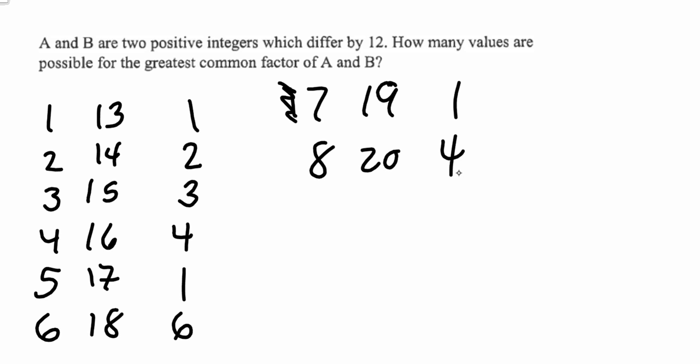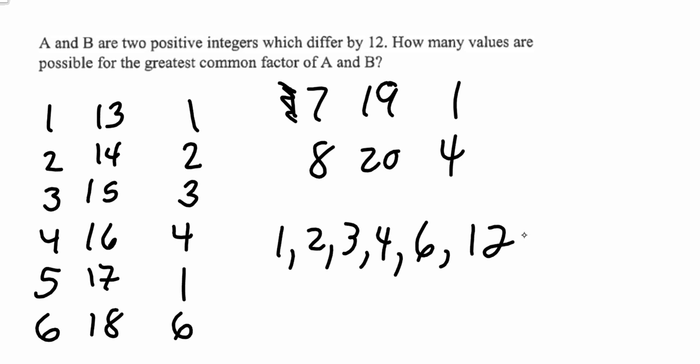And if you keep going through, what you're actually going to find is that you're going to get the numbers 1, 2, 3, 4, 6, and then the last one is 12. Because, for example, 12 and 24.